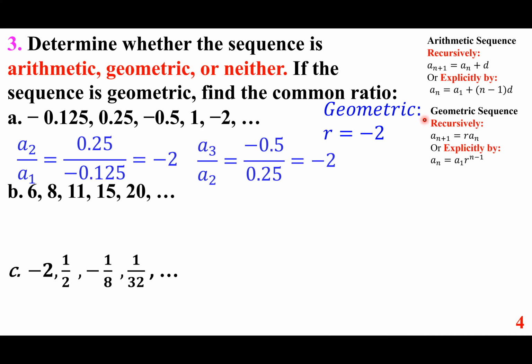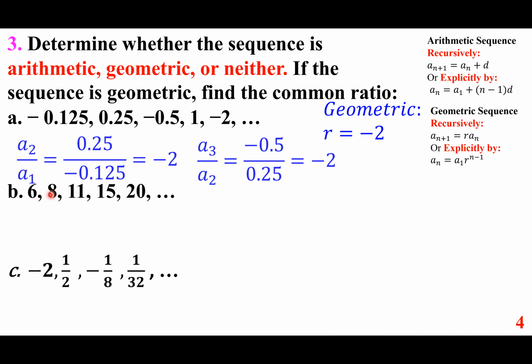sequence. You may notice here that we are adding a constant from one term to the other. So if we add 2, but then we have to add 3 and then 4, so it's not a constant. So we are not adding the same number.